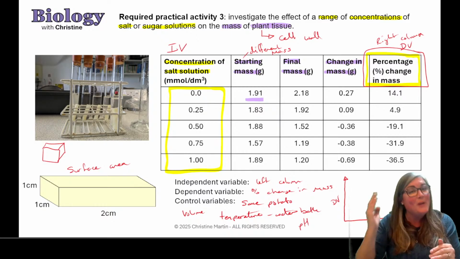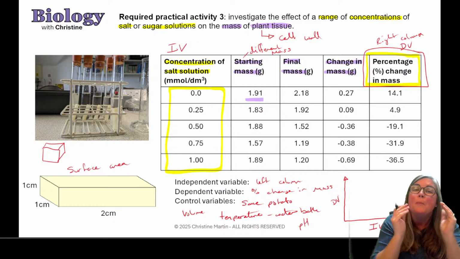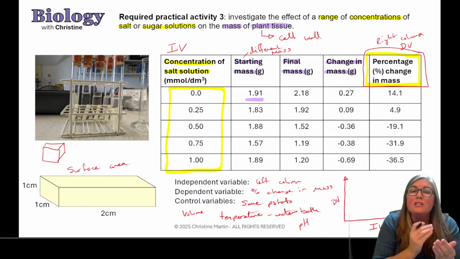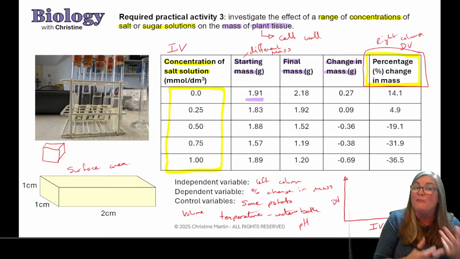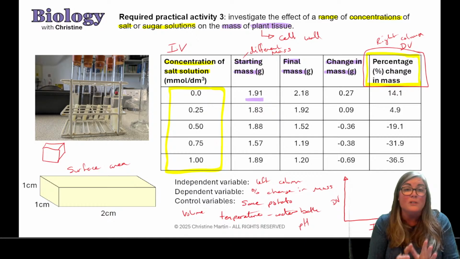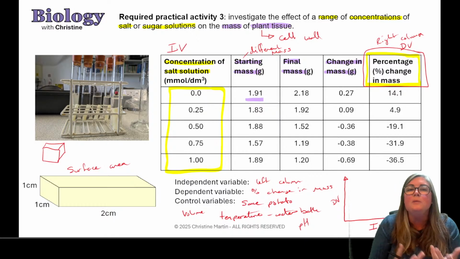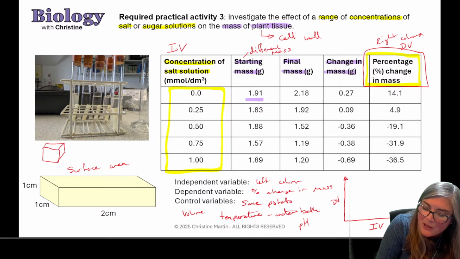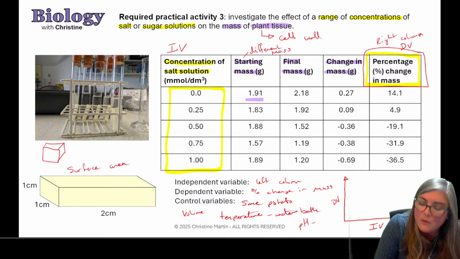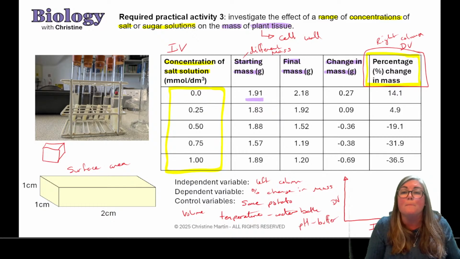If you're doing A level, it will go into way more detail than that. But because we're doing GCSE, understanding that pH will have an effect on the membrane structure, therefore affecting the rate at which osmosis can occur, would be something they would expect you to know and expect you to be able to say, well, what will I do to control that? I would use a pH buffer.